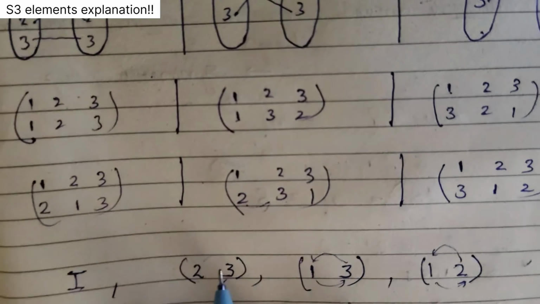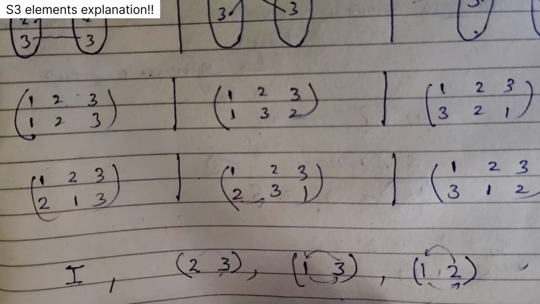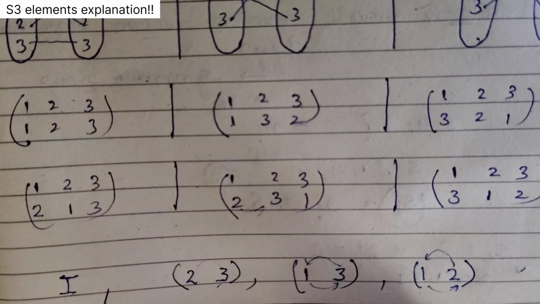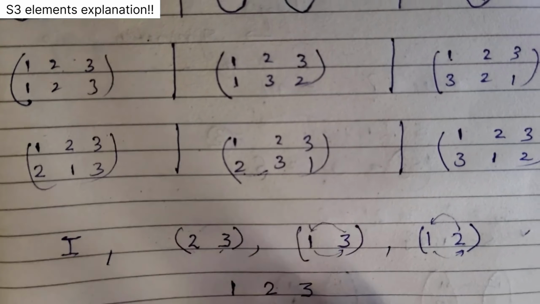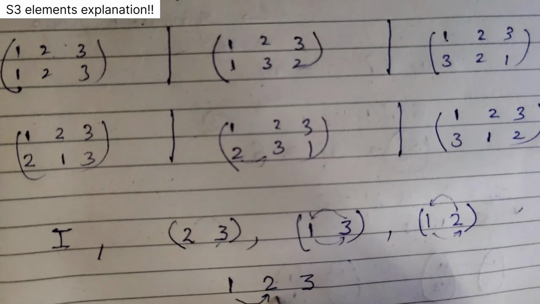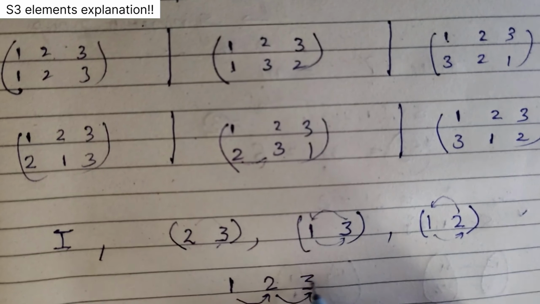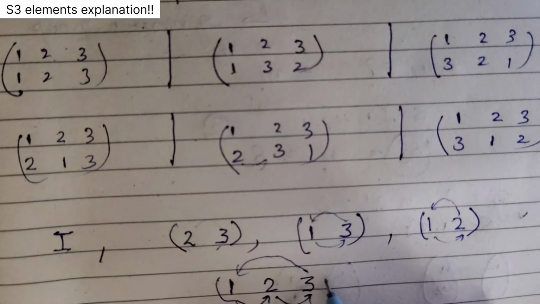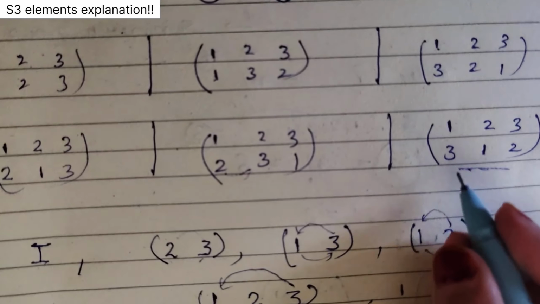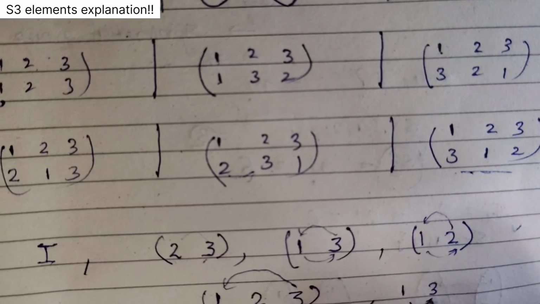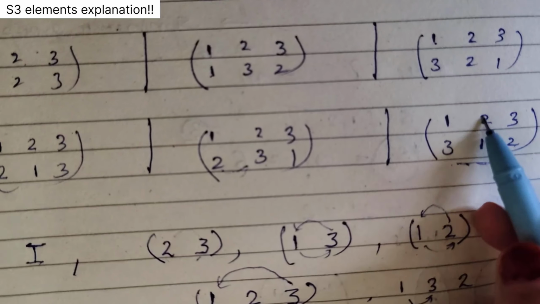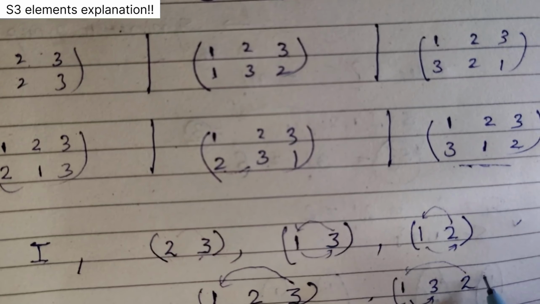Next we can write it as 1 to 2, 2 to 3 and 3 to 1. So this is the cyclic notation. Next, 1 to 3, 3 to 2, 2 to 1. So this is the cyclic notation.